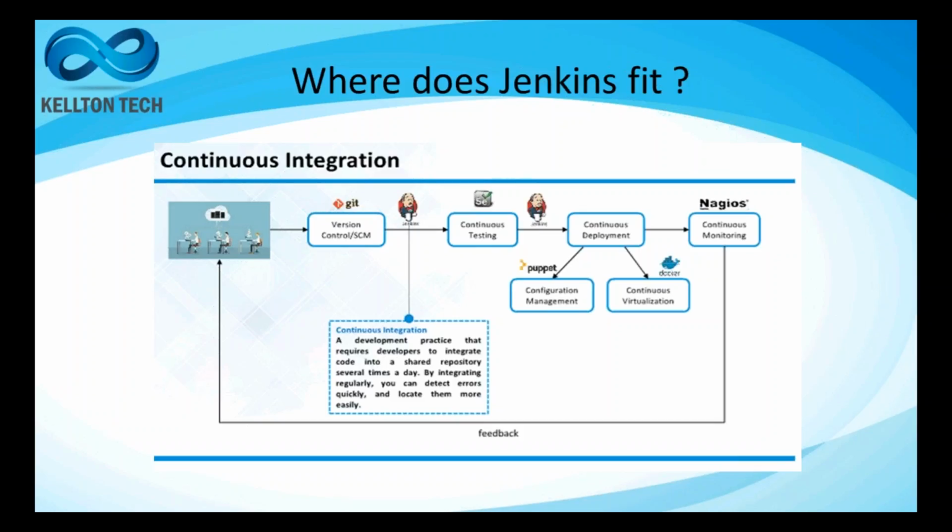As soon as the code is checked in, it will be pulled by Jenkins using the GitHub plugin and put into the dev environment. From there, it will trigger JUnit for unit testing.